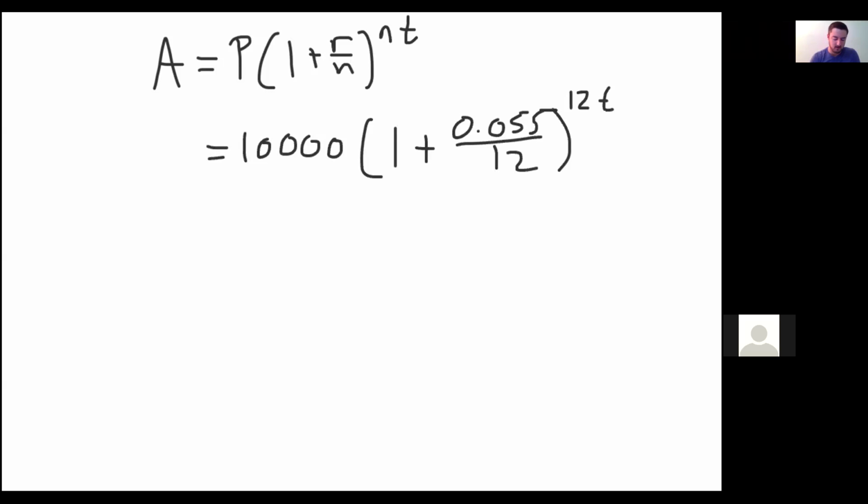And I want to figure out how long this would take to get to $20,000, right? My variable in this case is time. That's in an exponent. We need to have the ability to figure out what that time should be.